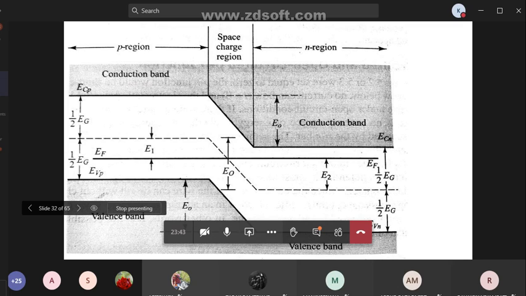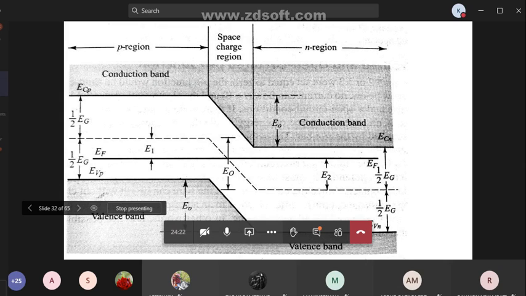Due to the increase in hole density in the valency band of the p side, the Fermi level moves downwards.